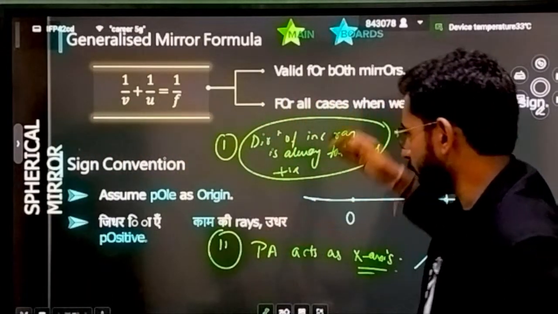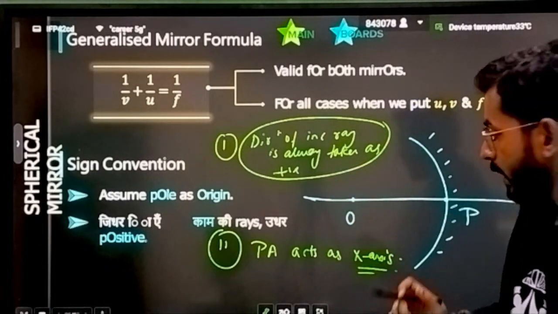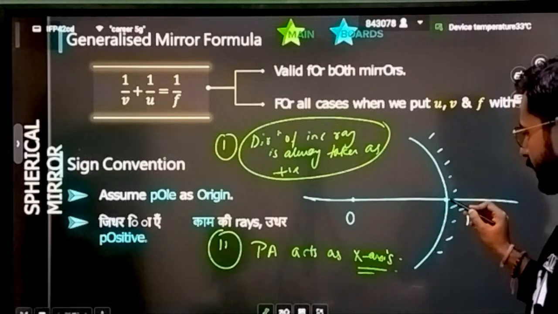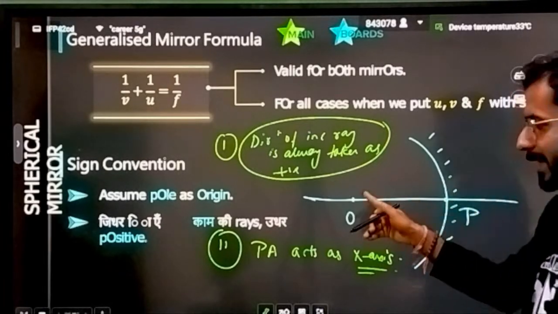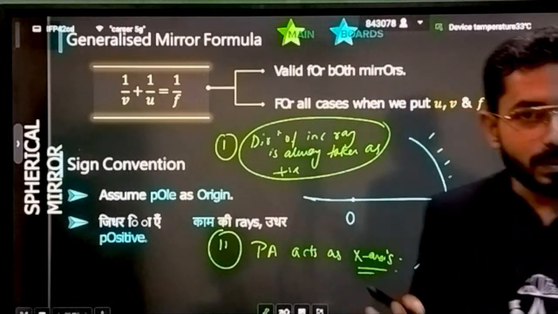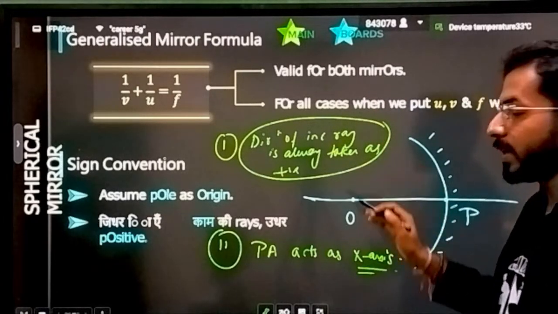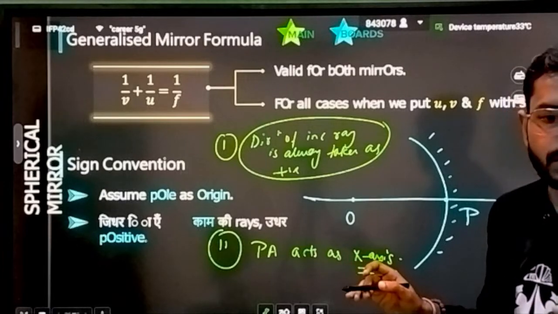That means if anything is above this, it will be positive. If anything is below this, it will be negative. A lot of the time you will make a mistake. You will assume this as origin and this side as negative, this side as positive. In the majority of cases this will be true, but still, this is not completely true. You will definitely make a mistake. Remember, only the direction of the incident ray is always positive.